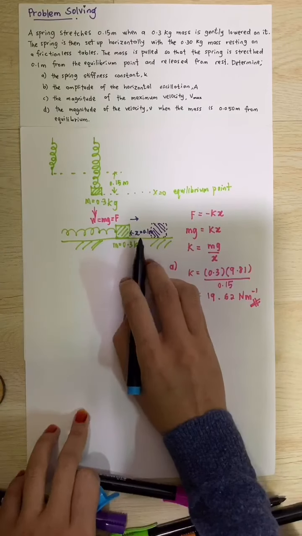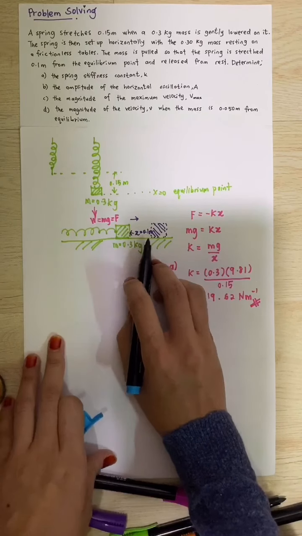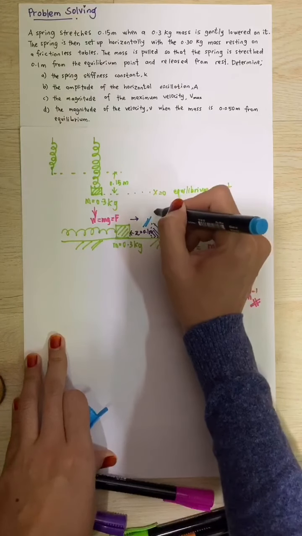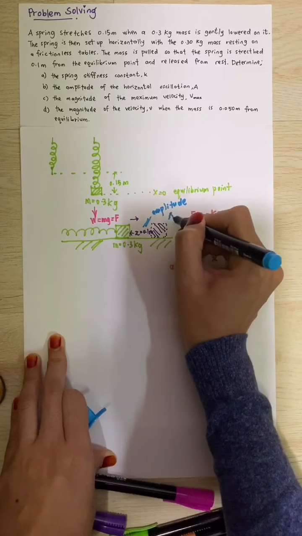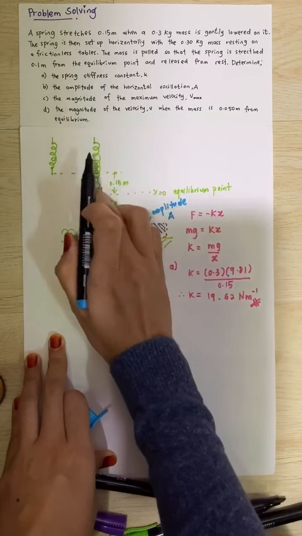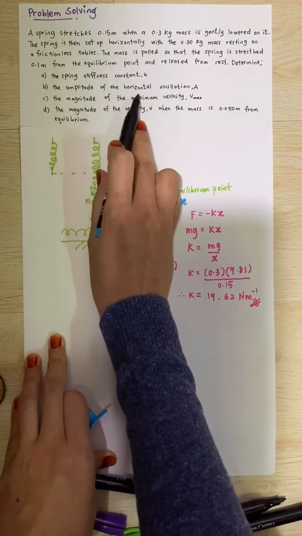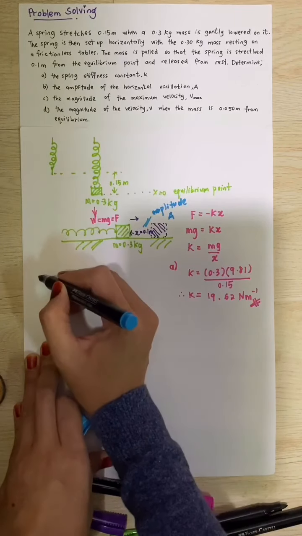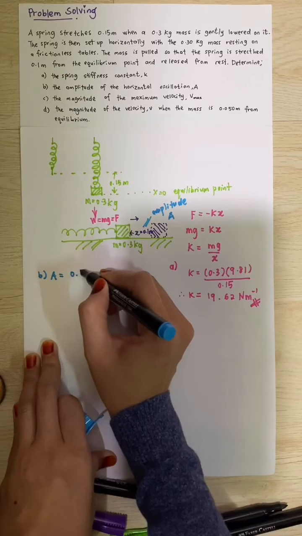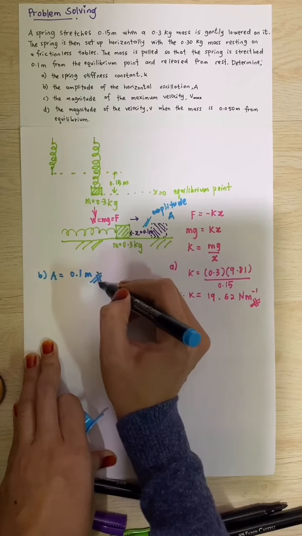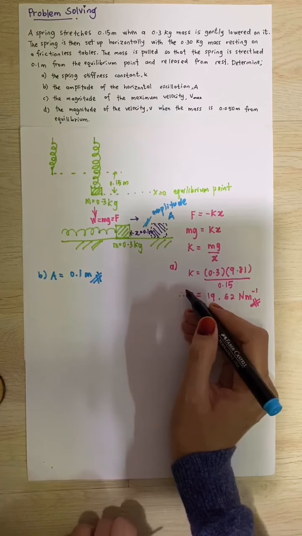So x equals 0.1 also equals the amplitude A. For question B, we can directly answer: amplitude equals 0.1 meter.